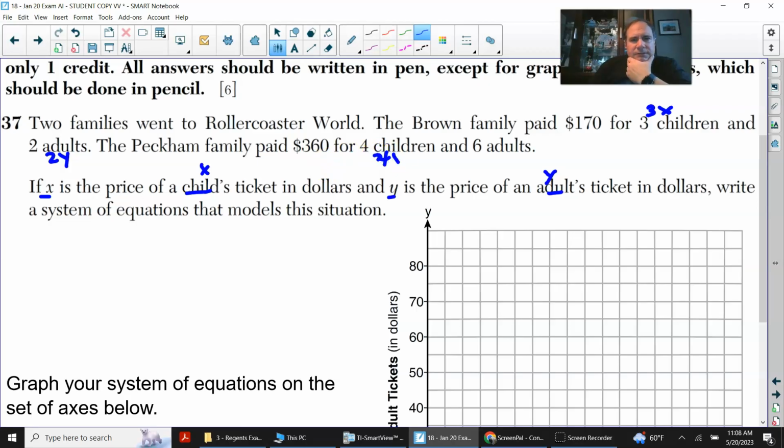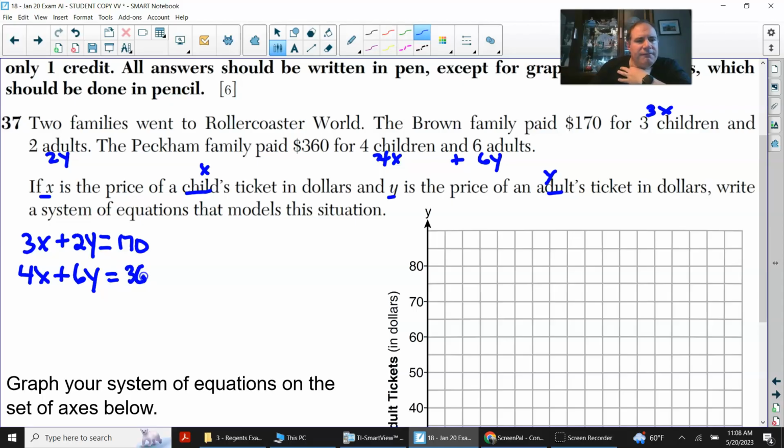For the Peckham family, 4 children is 4X, 6 adults, 6Y. So you have 3X plus 2Y equals 170, and then for the Peckham family, 4X plus 6Y equals 360.